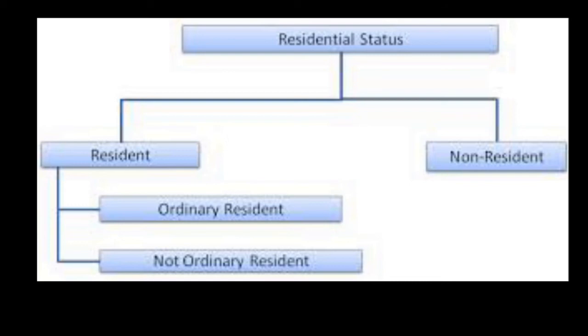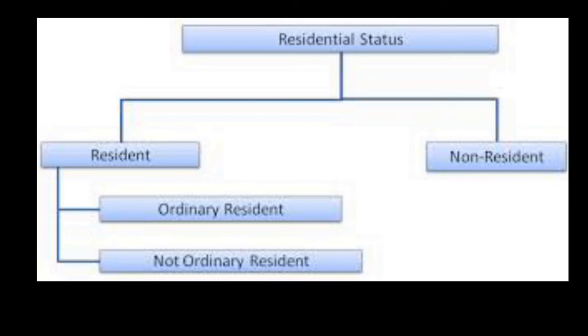There are some exemptions. A person who is a crew member in a shipping company, an Indian citizen who is working abroad and visiting India for a few days, or a resident Indian who is leaving India to go abroad permanently or temporarily for employment purposes.